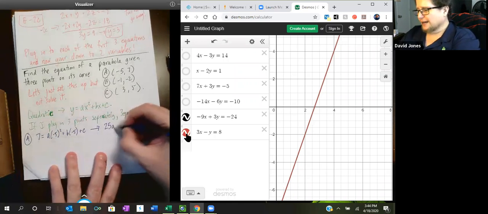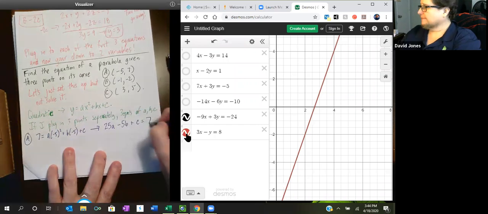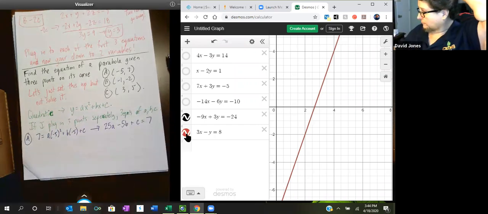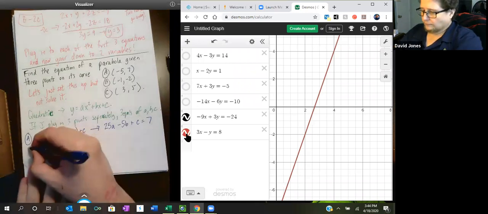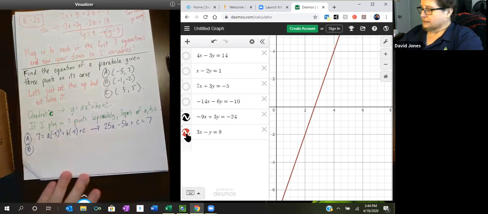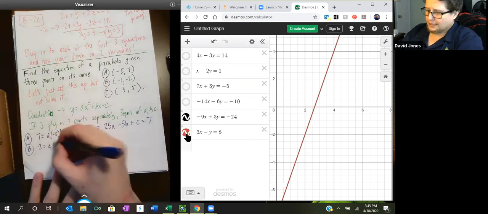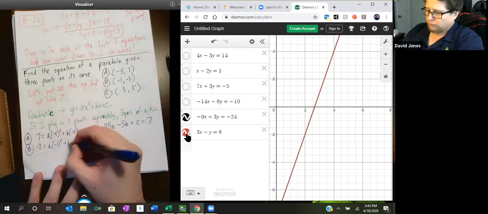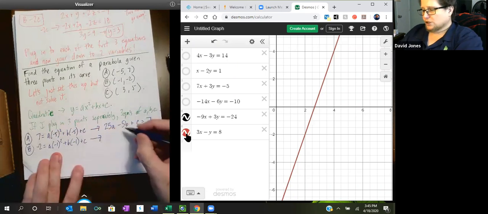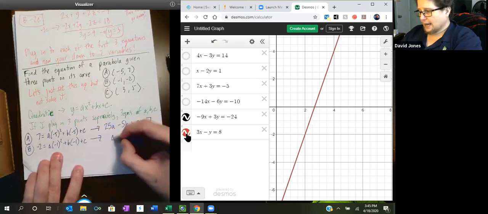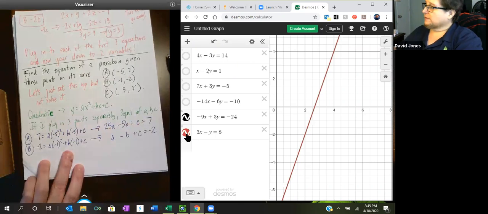I get 25a minus 5b plus c equals 7. For B: -2 equals a times -1 squared plus b times -1 plus c. -1 squared is 1. I get a minus b plus c equals -2.